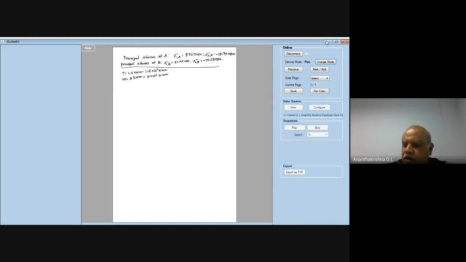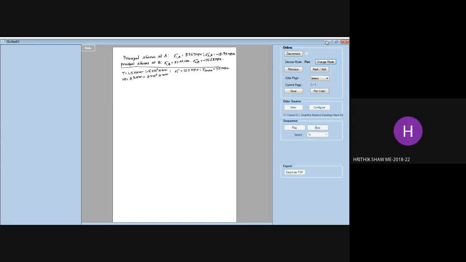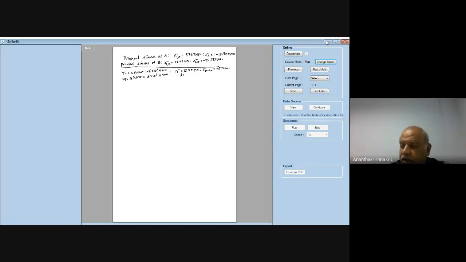They have given the value of normal stress sigma 1 equal to 120 megapascal and the shear stress tau max, 75 megapascal. We need to find the diameter of the shaft.